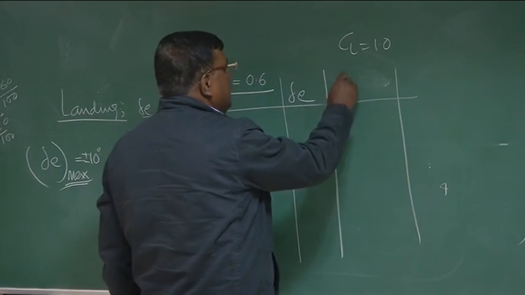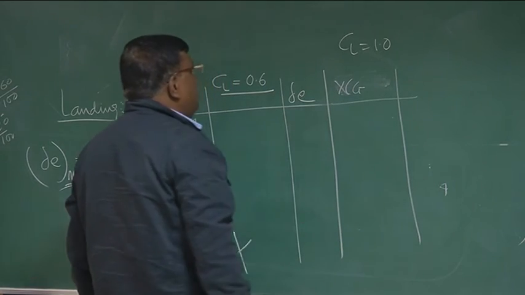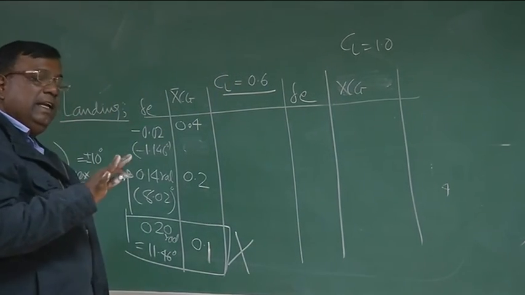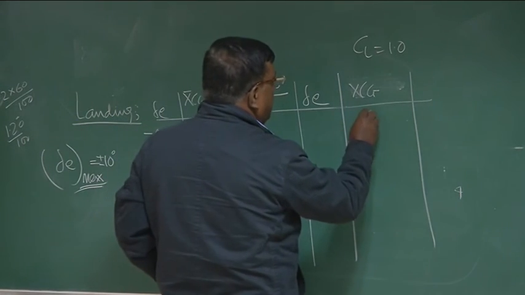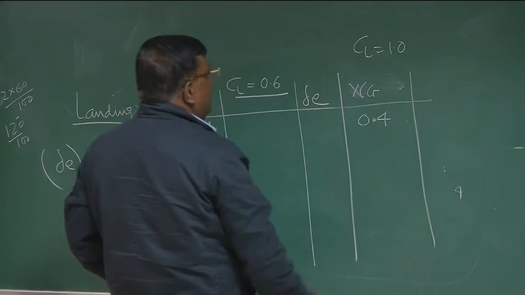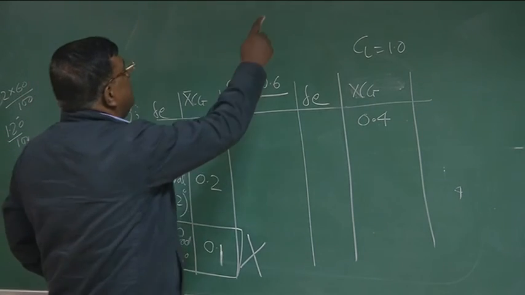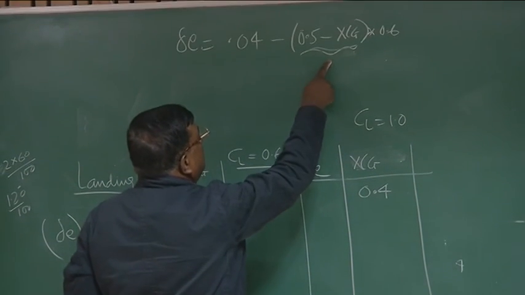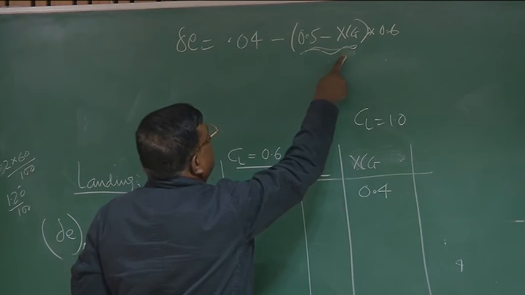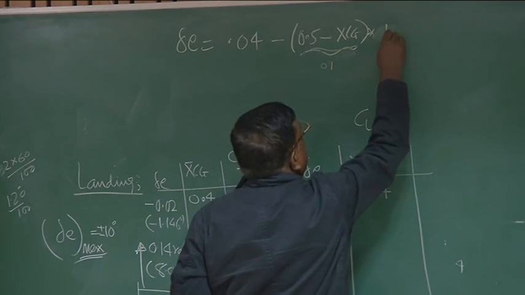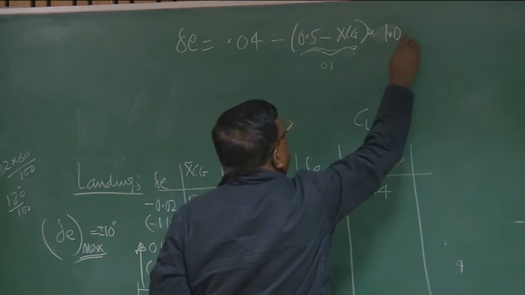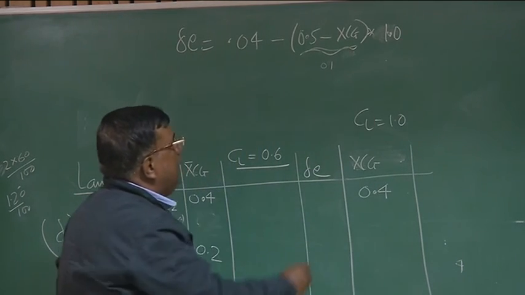And this is XCG. Now see, for CL 1.0, I have landing like this. If I now want to see what is happening for 0.4, then I go back here, XCG is 0.4, so 0.5 minus 0.4 is 0.1, and this is no more 0.6, this is 1.0, right? CL trim, I write CL trim.